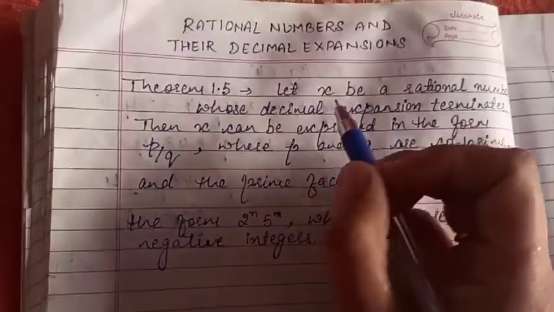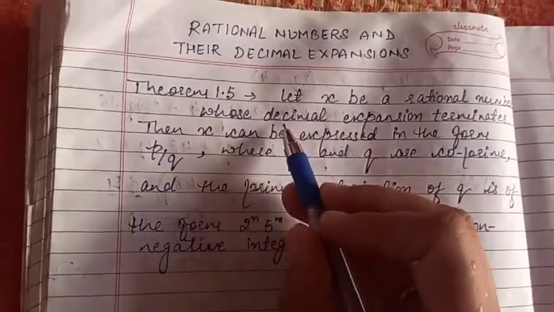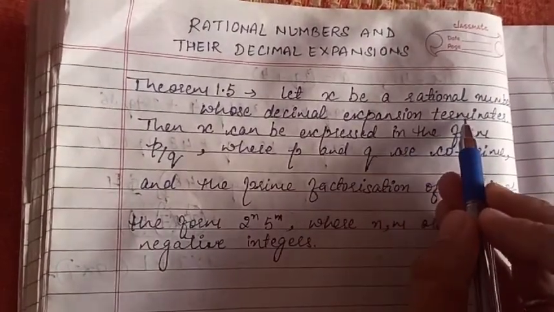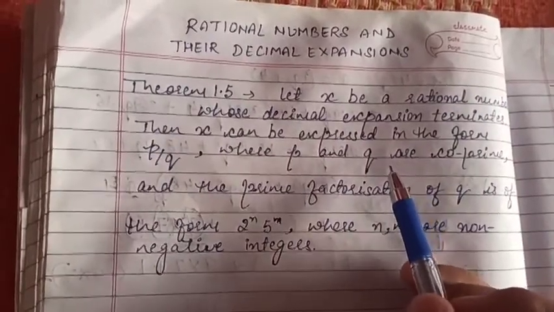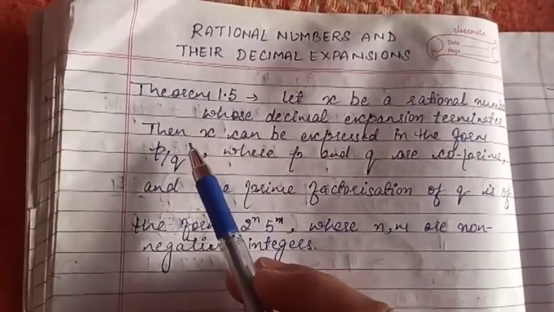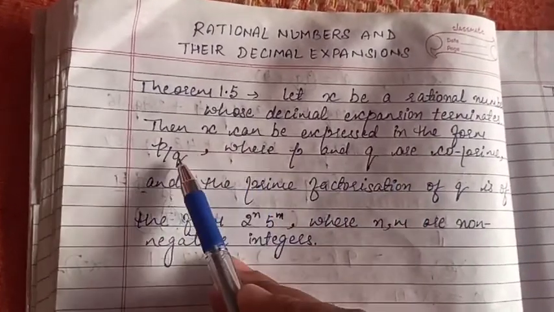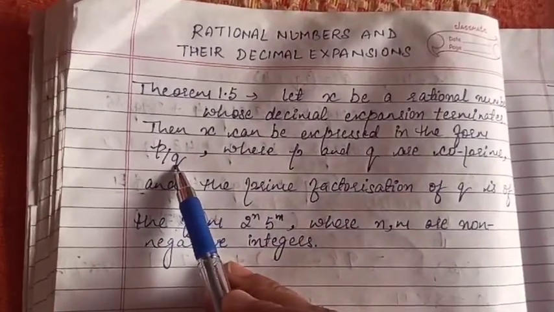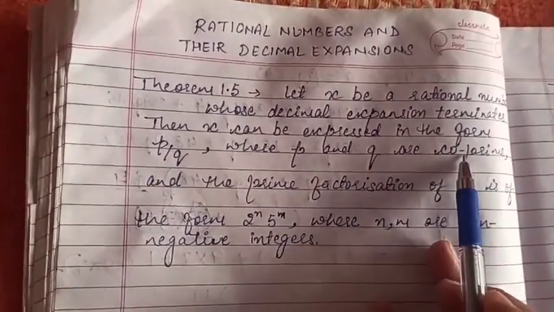So, it says let x be a rational number whose decimal expansion terminates. Means after some decimal points its expansion ends. Then such number can be expressed in the form p upon q, where p and q are co-primes.